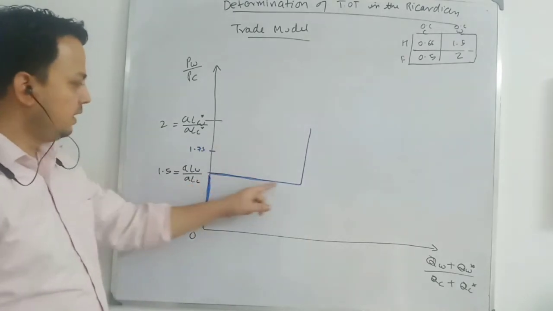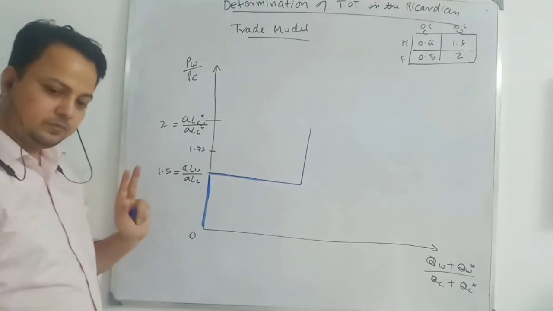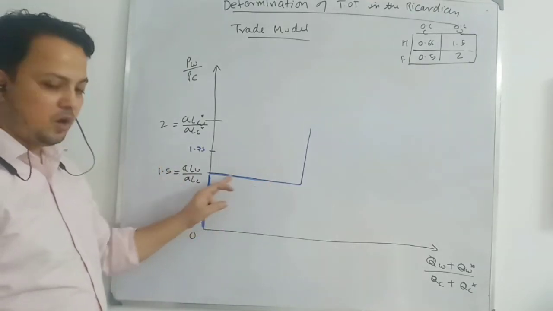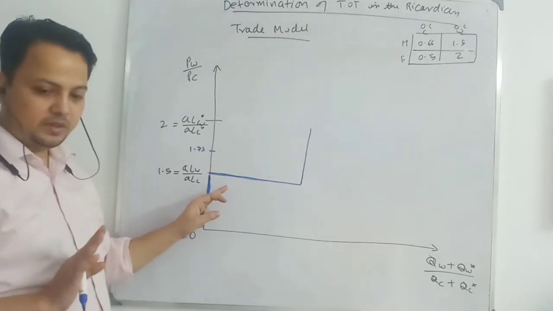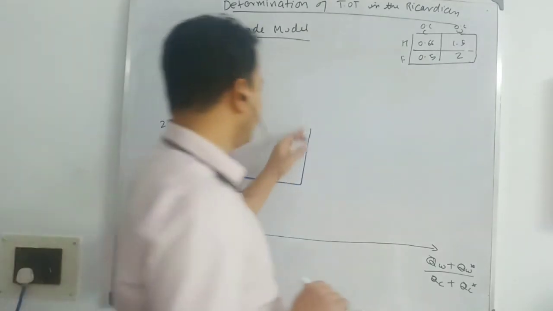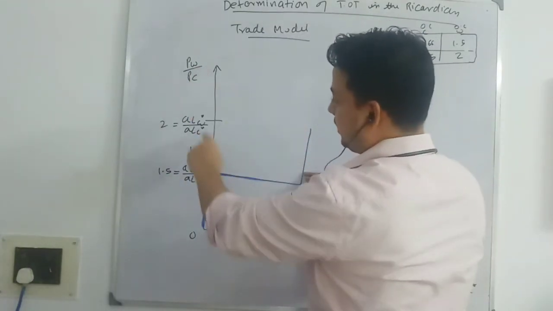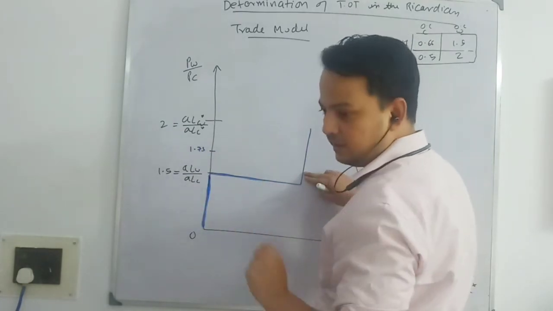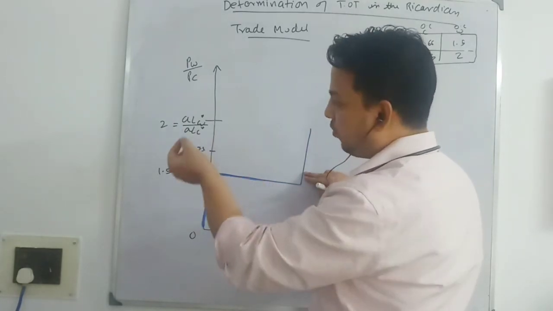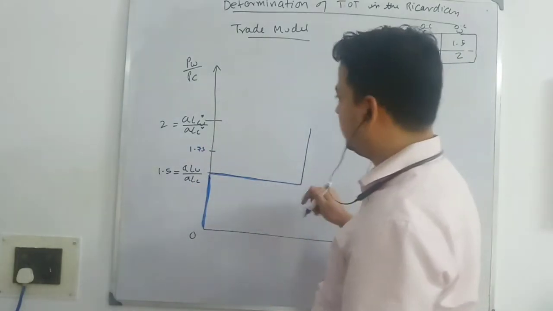Here home will be indifferent between producing wine or cheese, because here the opportunity cost of producing wine in terms of cheese equals the relative price of wine in terms of cheese. In this one, the terms of trade, or relative price of wine in terms of cheese, is greater than the opportunity cost of producing wine, so home will specialize in the production of wine. Looking from the foreign country's perspective, it will specialize in the production of cheese.